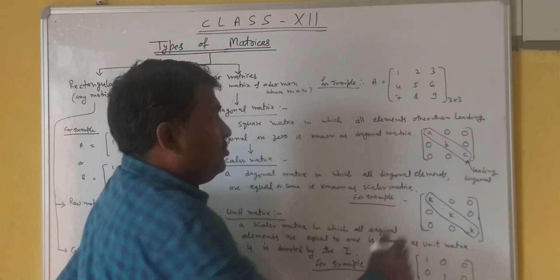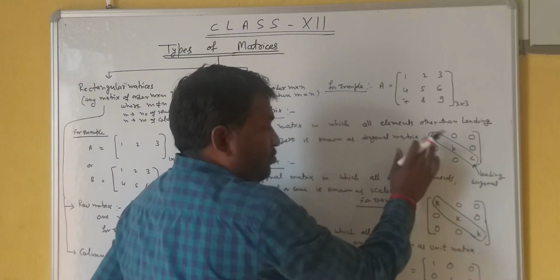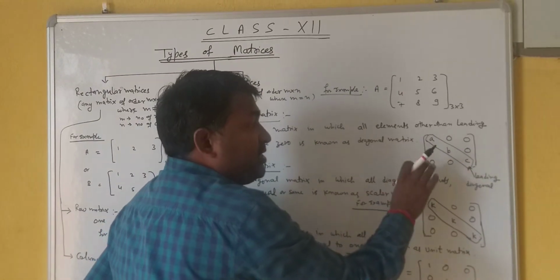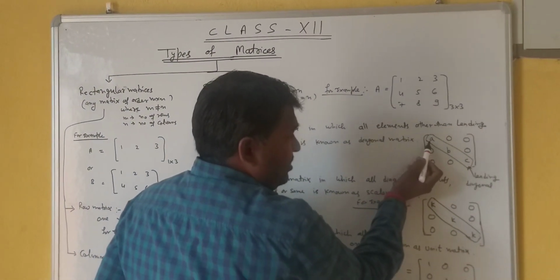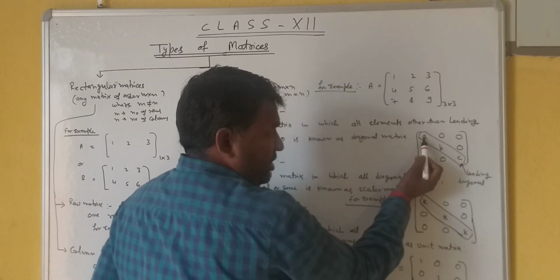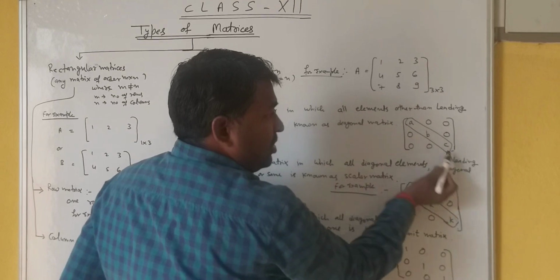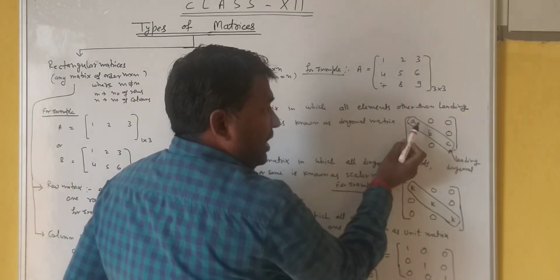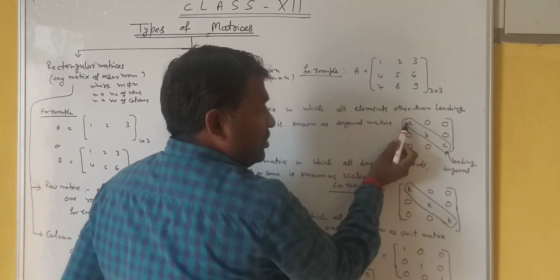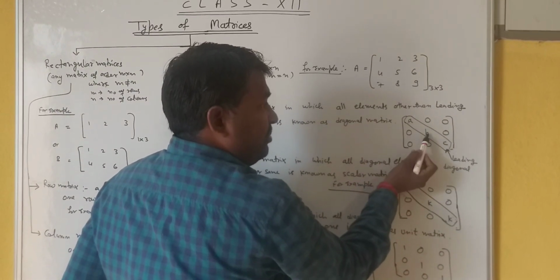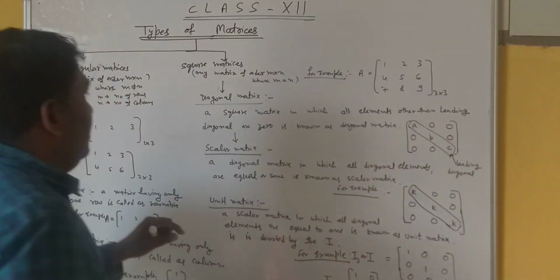Now I would like to point out what the leading diagonal is. A line joining the left uppermost element to the right lowermost element is called the leading diagonal, and the elements on this diagonal are known as leading diagonal elements. A, B, C are here the leading diagonal elements.